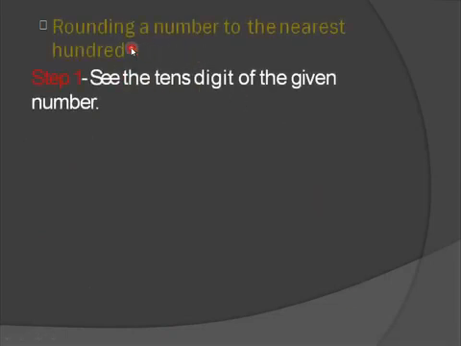Next one is rounding numbers to the nearest 100. How do you round off to the nearest 100? As we have seen with the nearest 10, you check the ones digit. If it is less than 5, the number stays as it is. If the ones digit is 5 or greater, the number is rounded up to the next number.